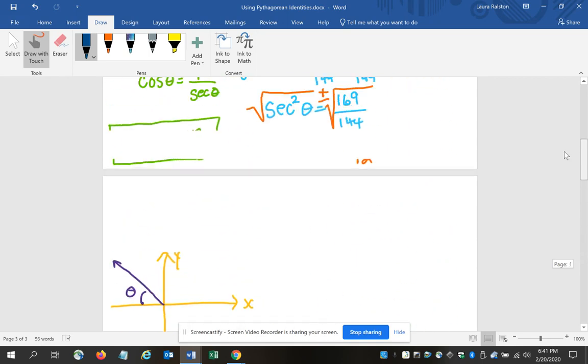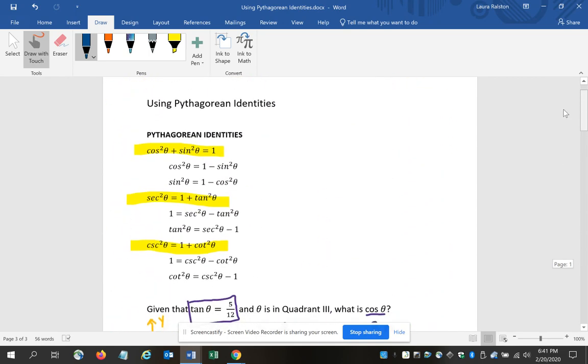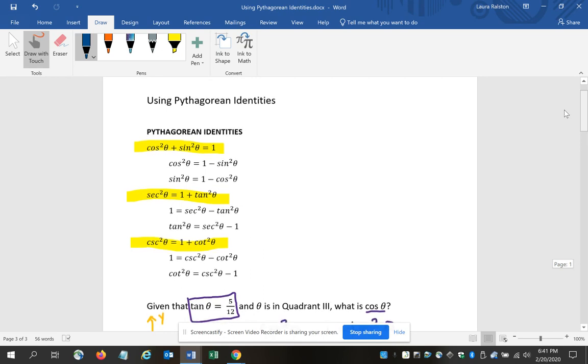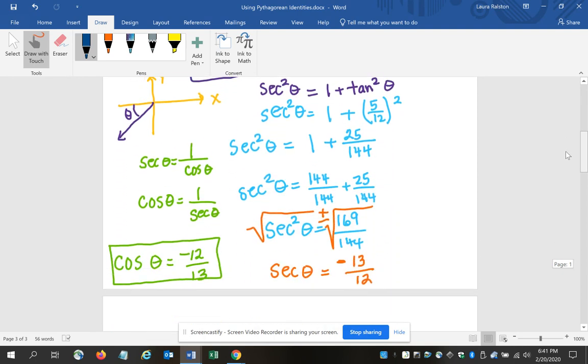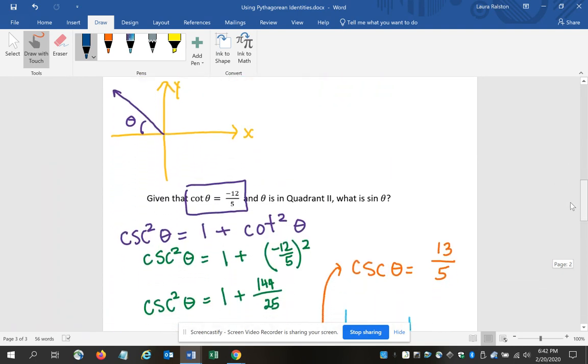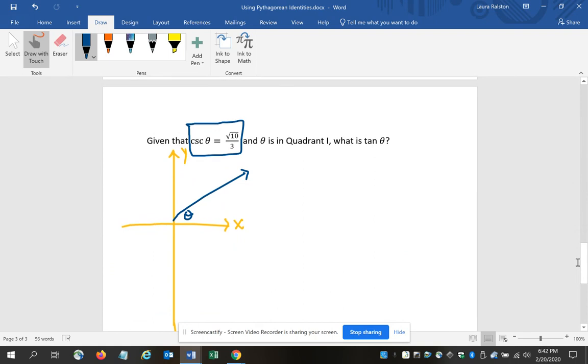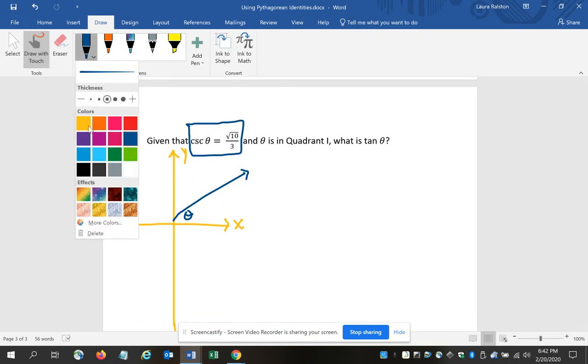So again, I'm going to scroll back up to my formulas. And the formula that involves cosecant is cosecant squared equals 1 plus cotangent squared. Again, I'm not really looking for cotangent, but that's the only formula I have. So that's what I got to go with. Okay, so let's write our formula down.